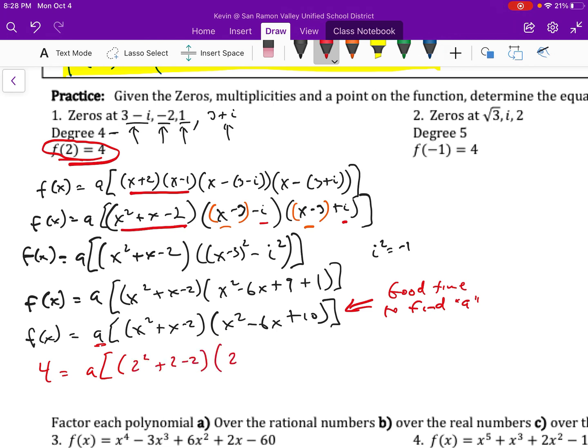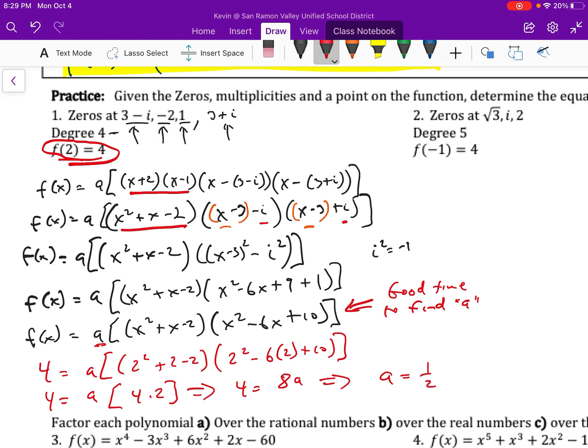So 2 squared plus 2 minus 2, 2 squared minus 6 times 2 plus 10. Okay, 4 equals a. Let's see, this is going to be 4 times 2. So I have 4 equals 8a. So a equals 1/2.